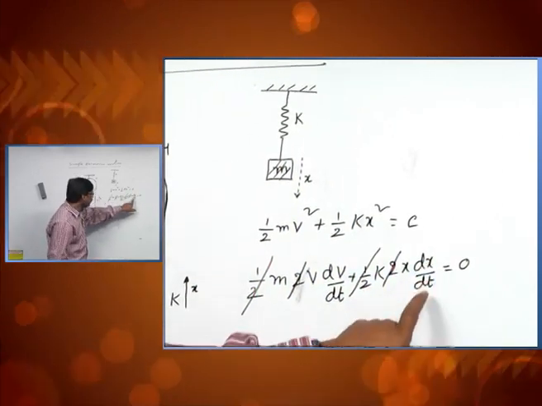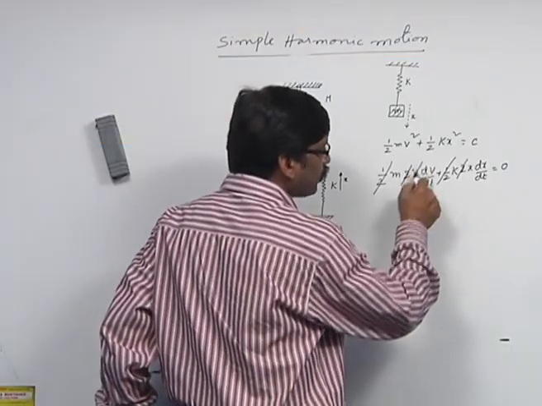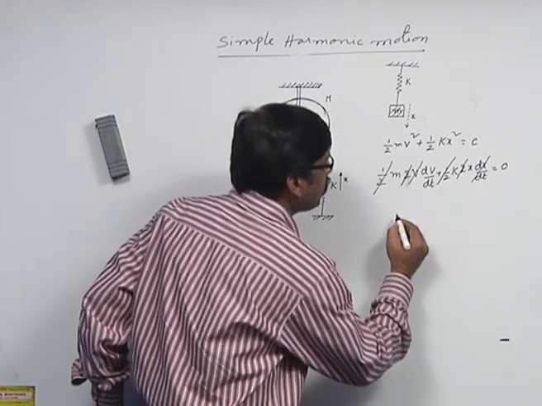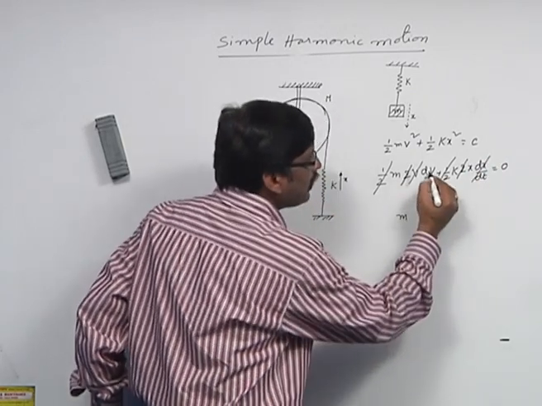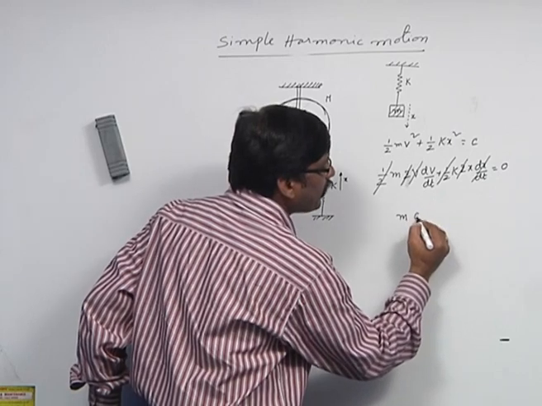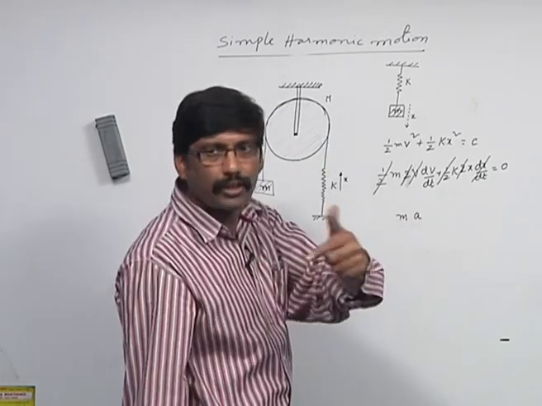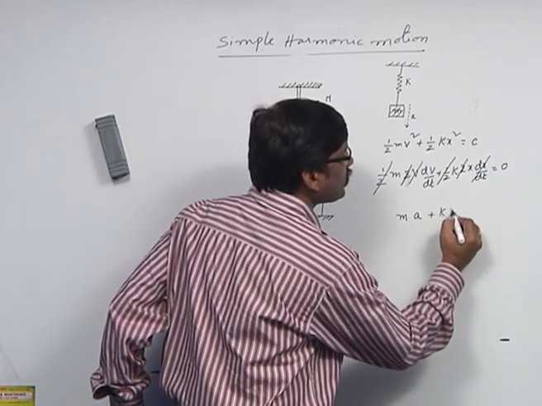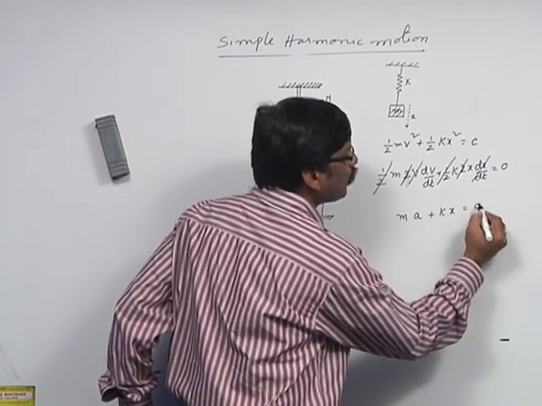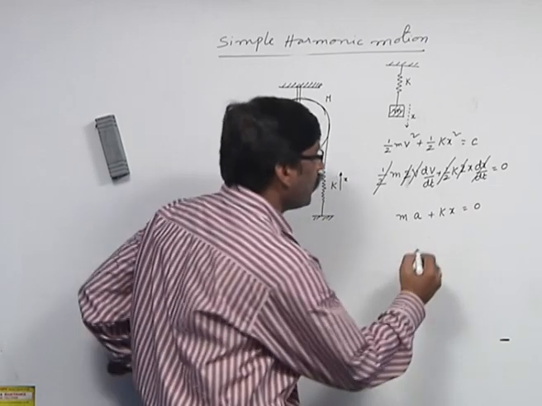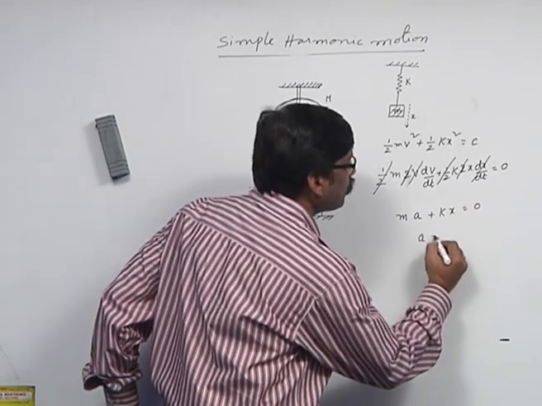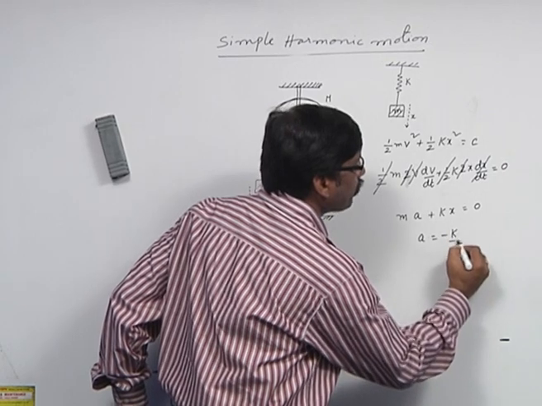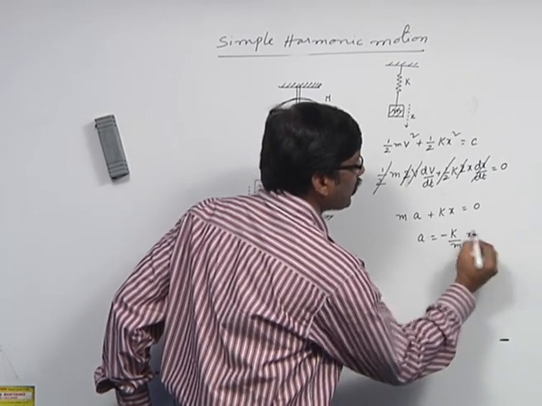Now, this dx by dt is nothing but velocity. This velocity gets cancelled. M dv by dt is nothing but acceleration, the rate of change of velocity, plus kx is equal to 0, or a is equal to minus k by m into x.